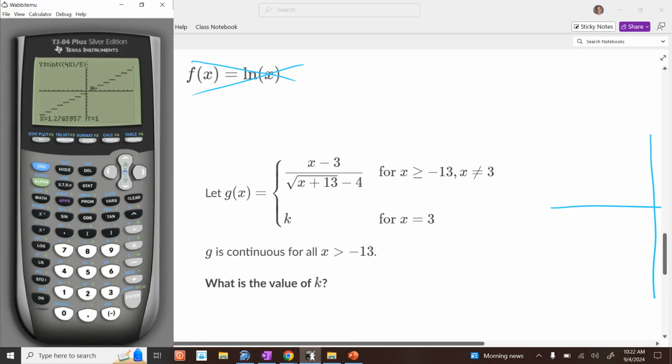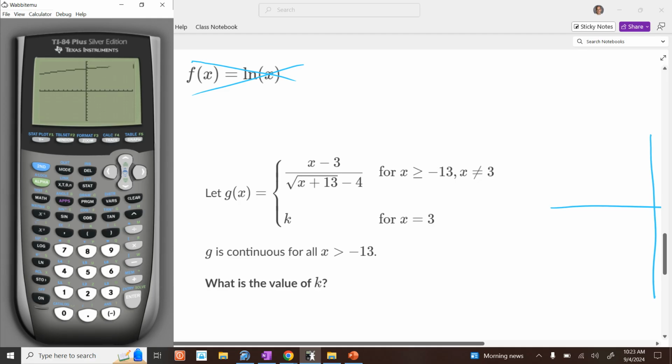Turn it on, y equals, clear this out, parentheses, x minus 3, parentheses, divided by parentheses, the square root of x plus 13, get out of the square root, minus 4, graph it, boom.